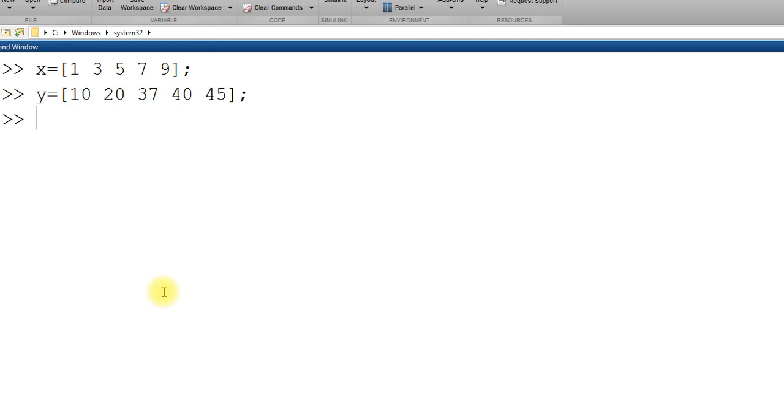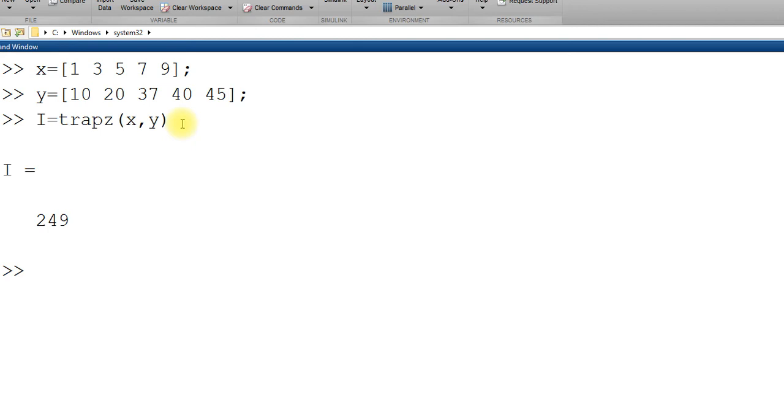If you want to integrate y from x equals 1 to 9, you just say trapz(x, y). I can put an output, suppose I equals this. This gives you the integral value right away.